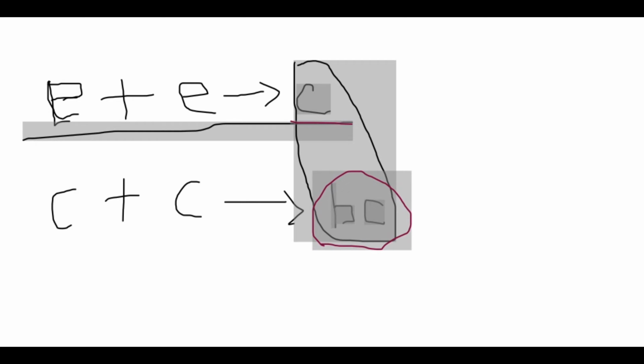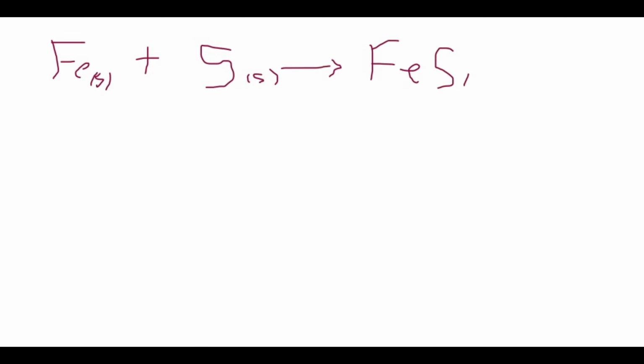Now I'm going to give you examples of this type of reaction. First, we have iron in a solid state reacting with sulfur, still in a solid state, to form iron 2 sulfide, which is also in a solid state.